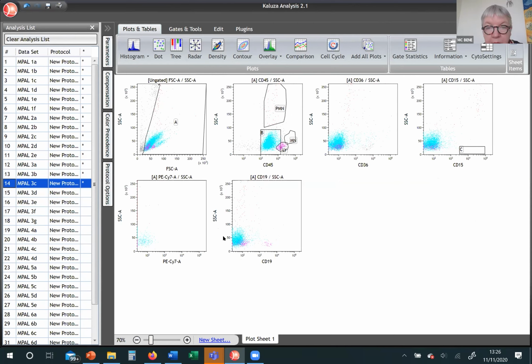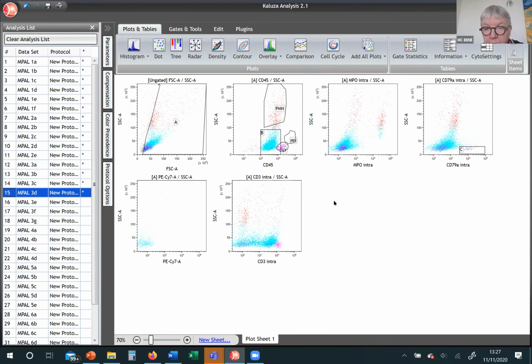So far we have one T lineage marker and one myeloid marker. Here we don't have MPO. We have probably an abnormal signal, but sometimes these antibodies give this not nice picture, but we are clearly CD3 positive intracytoplasmic. So we have intracytoplasmic CD3 and CD7.